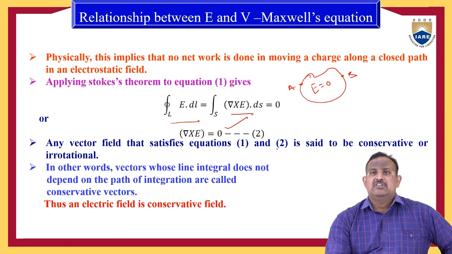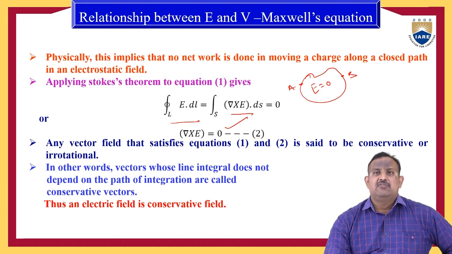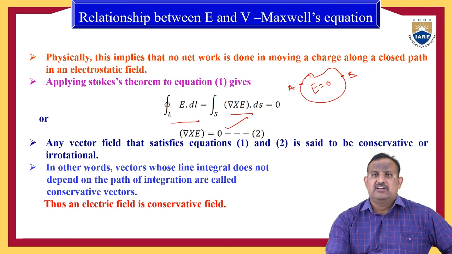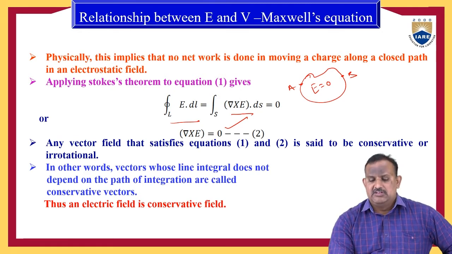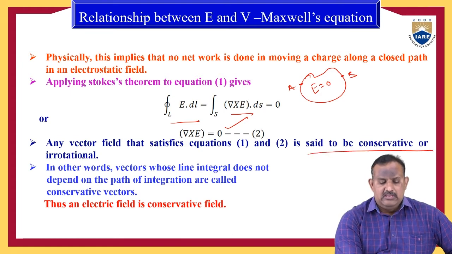A vector field that satisfies equations 1 and 2 is said to be conservative or irrotational.